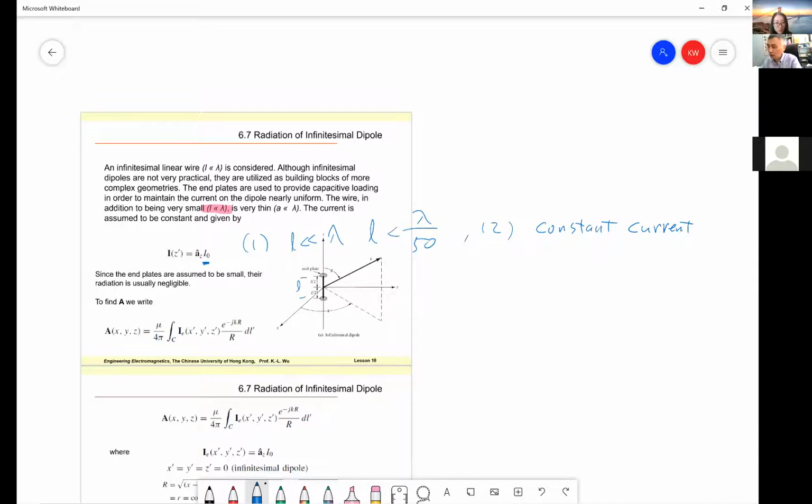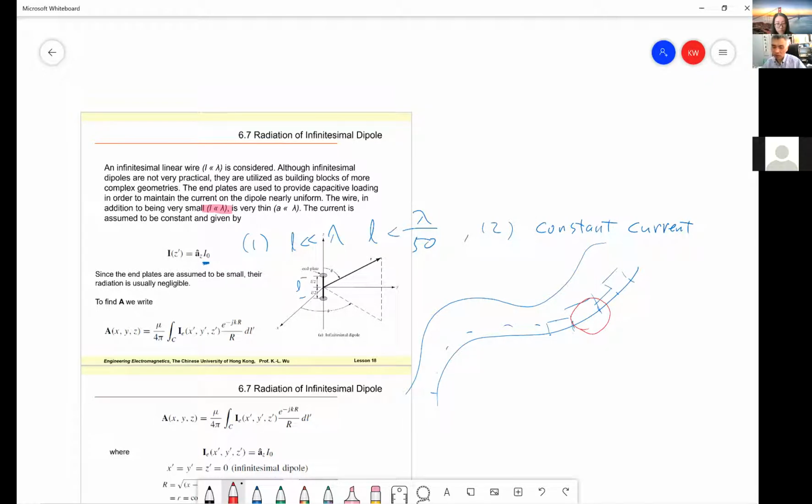Because for a long wire antenna, if we chop it into many small pieces, even though you have a certain current distribution, over a small section I can always assume this is a constant current. So what we are looking at is one of the very small sections of a large antenna.